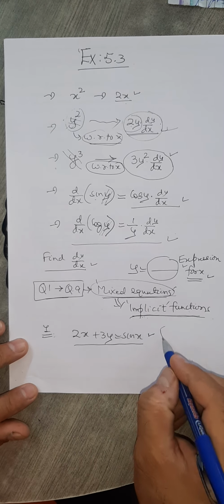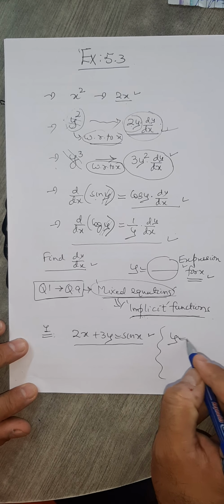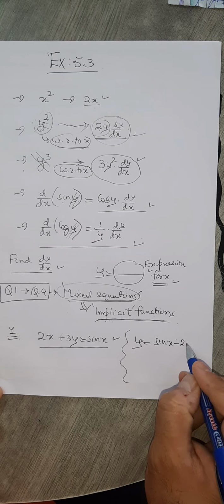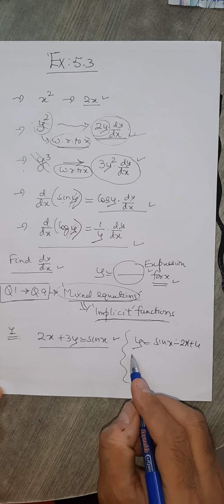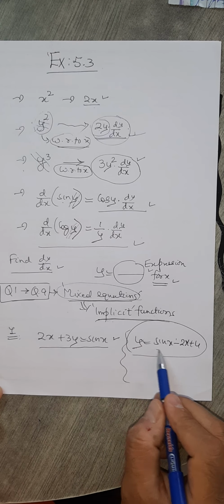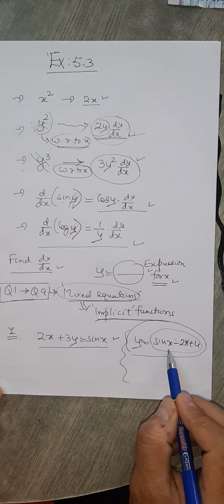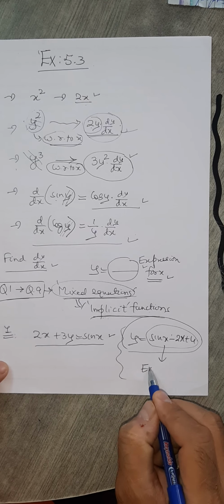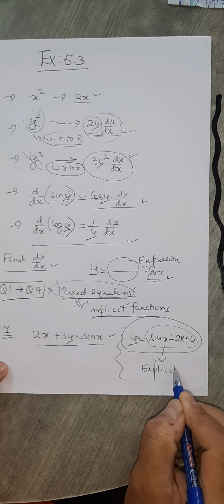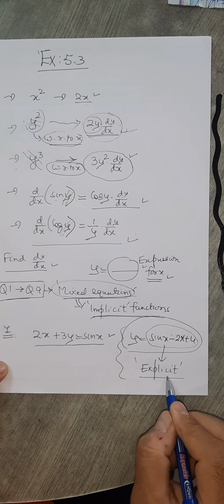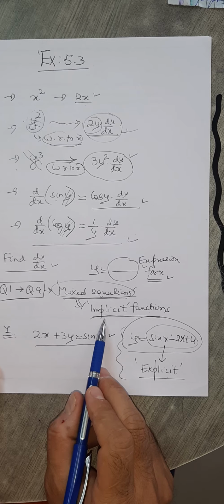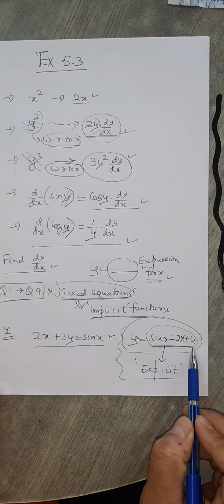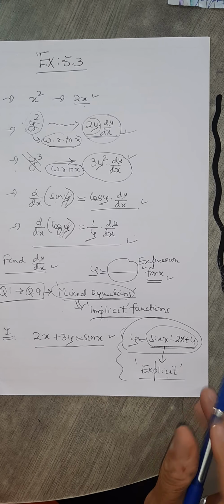Earlier you had such questions, y equals to like this, sine x minus, for example, 2x plus, for example, 4. You see here, y equals to purely in form of x. This is sometimes called explicit function. Explicit and implicit. Explicit means purely in form of x.